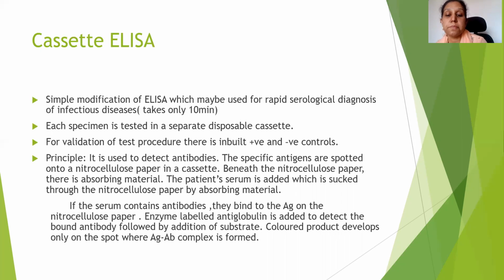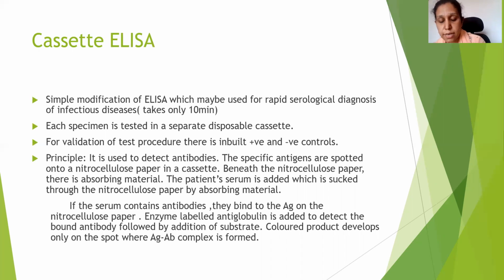The patient's serum is added and sucked through the nitrocellulose paper by the absorbing material. If the serum contains antibodies, they bind to the antigen on the nitrocellulose paper. Enzyme labeled antiglobulin is added to detect the bound antibody, followed by addition of the substrate. So color is produced depending upon the spot.